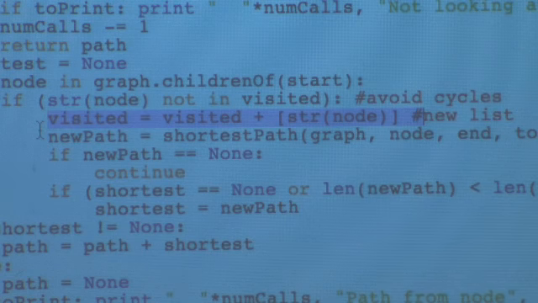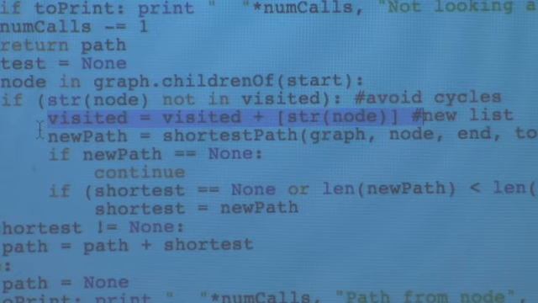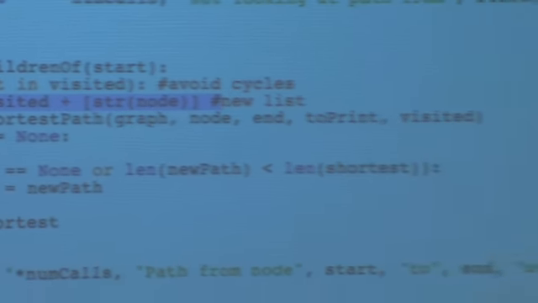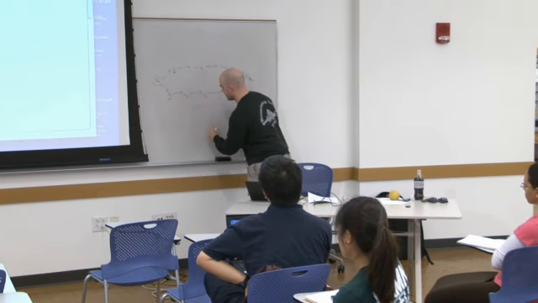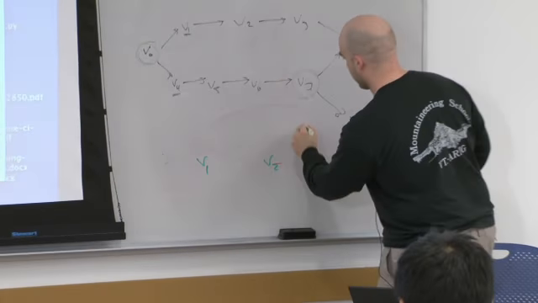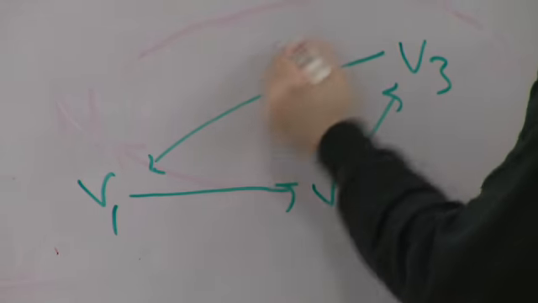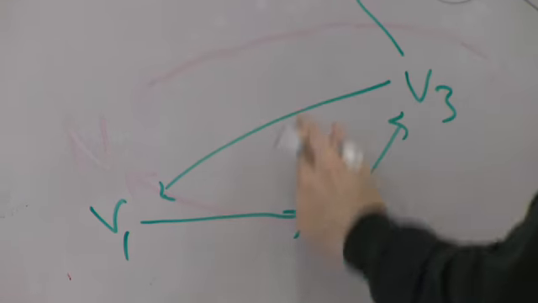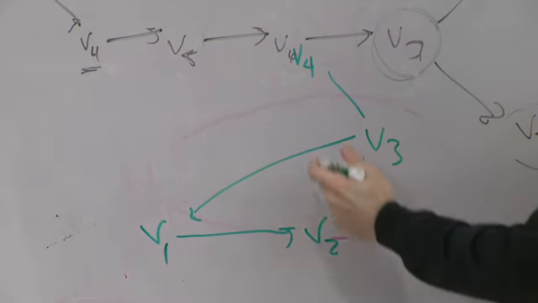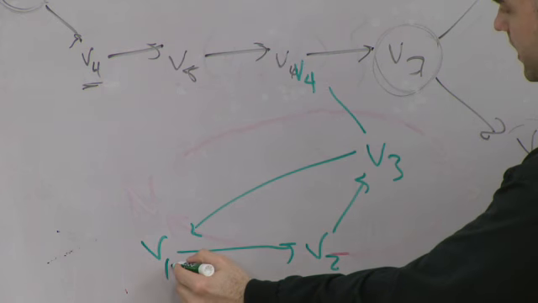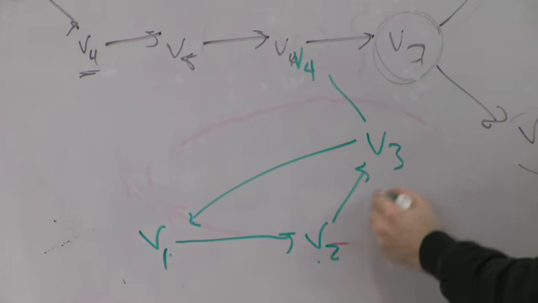If we've already visited a node and we figured out what its shortest path is, why would we want to visit it again? Say I'm trying to figure out the shortest path from V1 to V4, and I'm using depth first. Depth first goes to V2, then to V3.